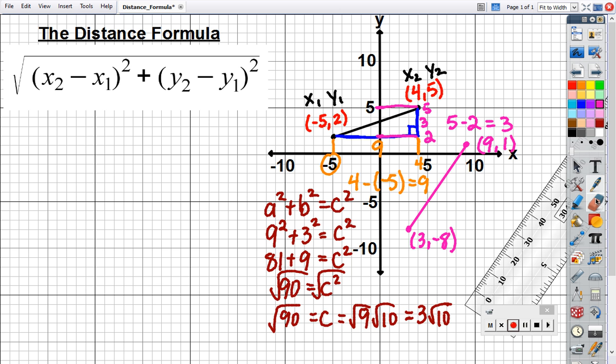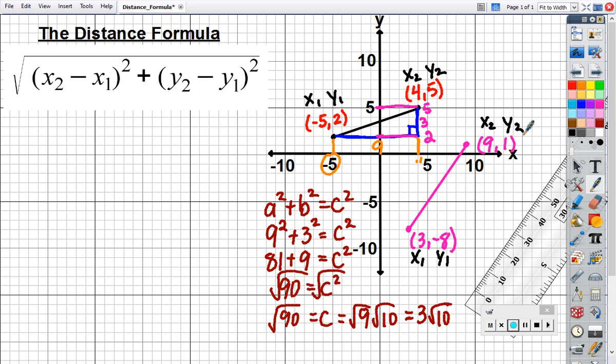I'm going to erase some things so that I have a little bit more room. Again, x1, y1, x2, y2. Great.